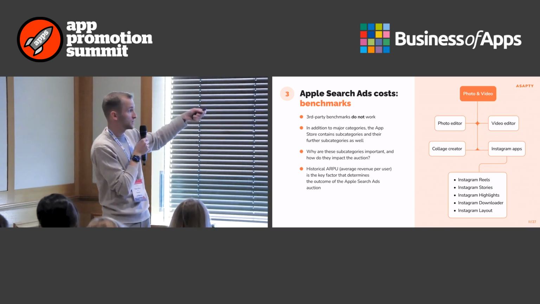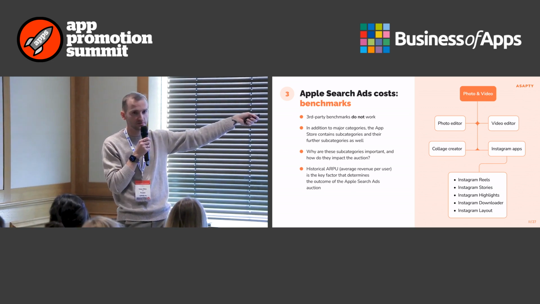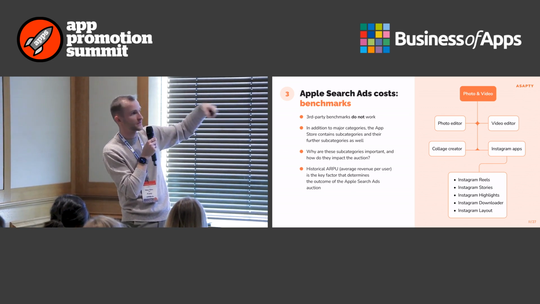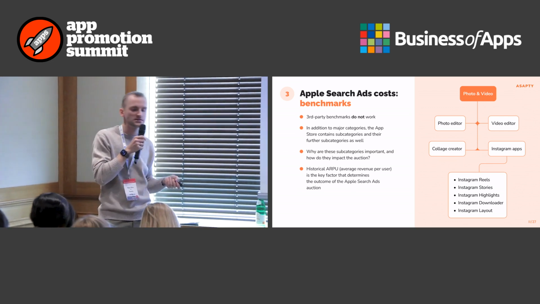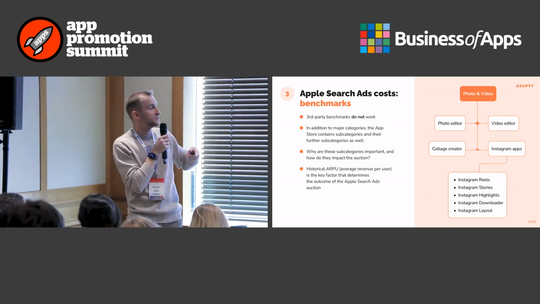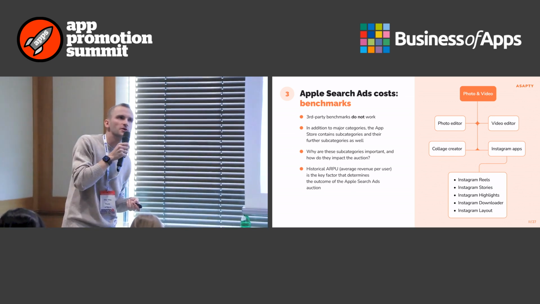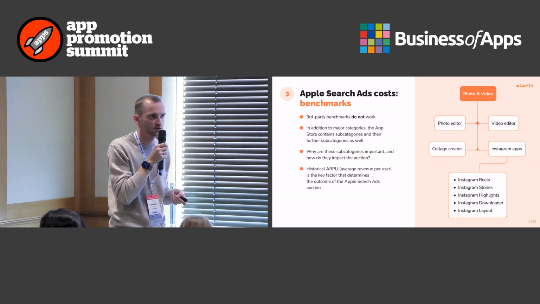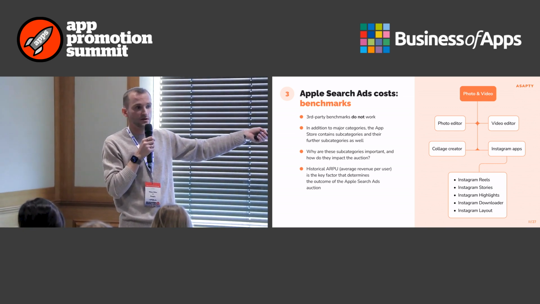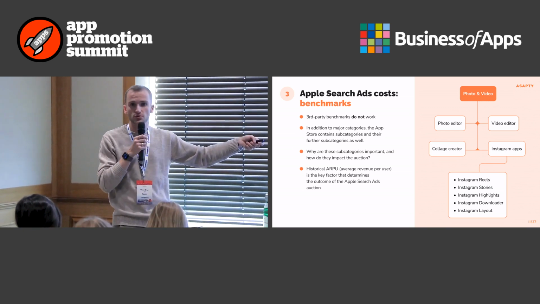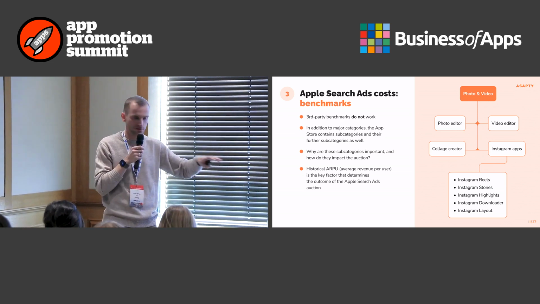So for example, it works this way: if Apple knows that Reels apps have $1 ARPU, the cost per install will be from 80 cents to $1. If they know that some fancy apps, like before-after video editors, have $4 ARPU, they will set the price of the install at around $4. And I'm speaking about one country, the US.